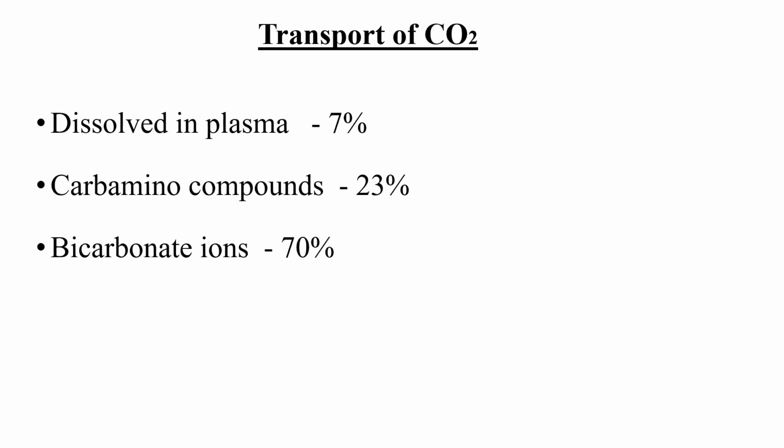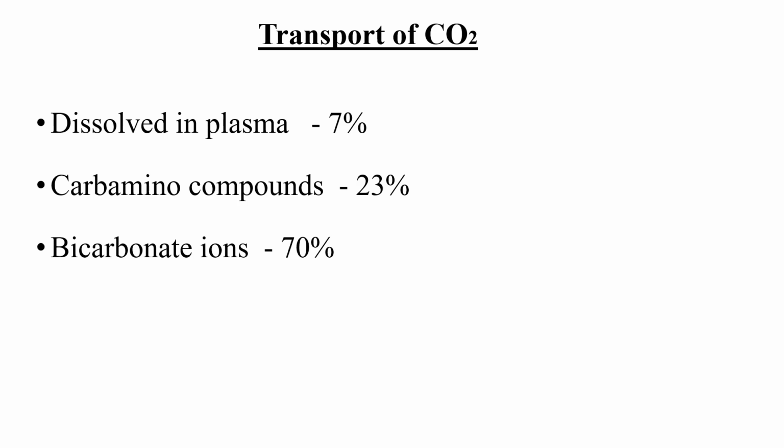Next is the transport of carbon dioxide. Around 100 ml of deoxygenated blood contains around 53 ml of gaseous carbon dioxide, and it is transported mainly by three methods. One is by dissolving in plasma, second is in the form of carbamino compounds, and lastly, around 70% is transported with the help of formation of bicarbonate ions.